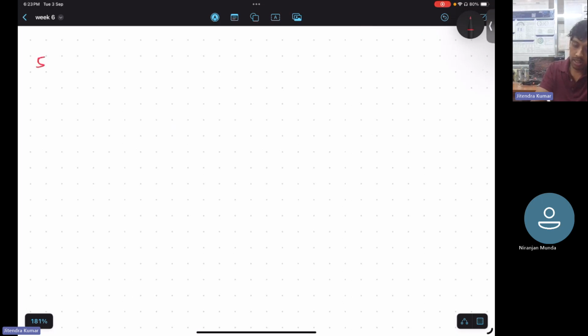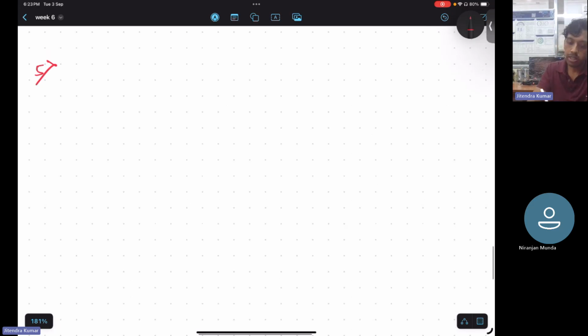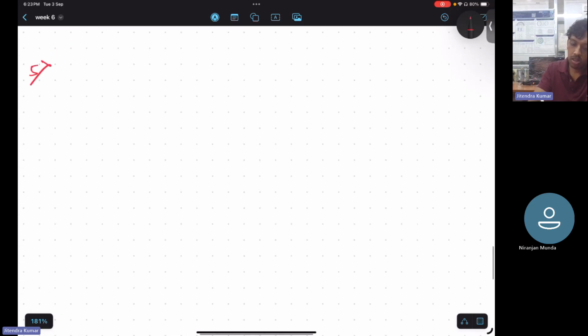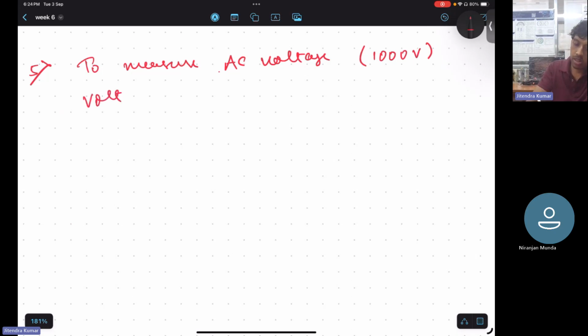So the next question is, we have to measure an AC voltage of 1000 volt. We have a voltmeter of range 0 to 20 volt. So with a 20 volt voltmeter, we have to measure 1000 volt.